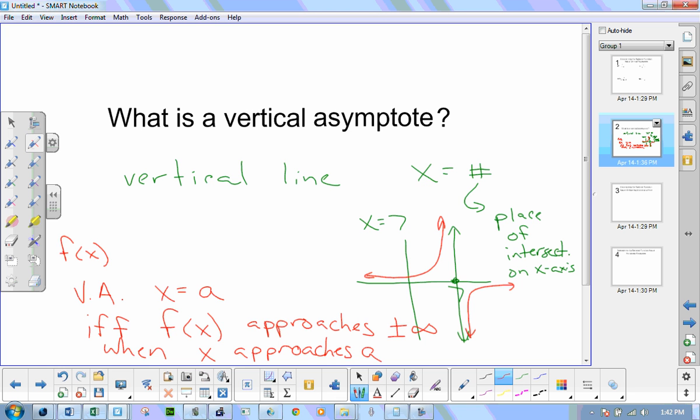So what I'm saying here is, as I run along the x-axis, I see the function shoots off to infinity as long as I'm approaching this number. If I'm approaching 7 from the right, the function shoots off to negative infinity. As I'm approaching 7 from the left, the function shoots off to positive infinity. So that's the phenomenon.